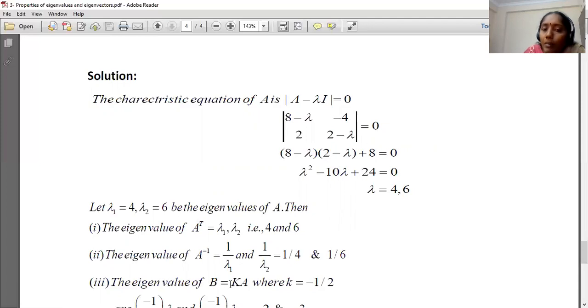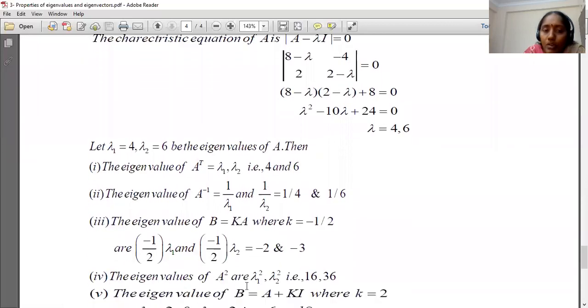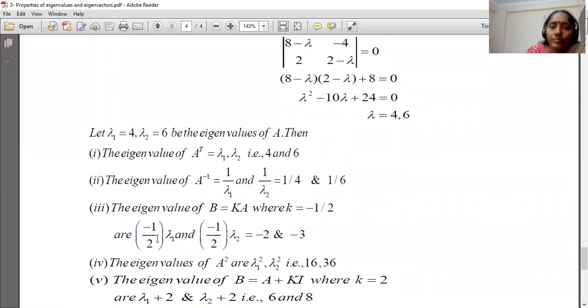Eigenvalues of B equal to minus 1 by 2 A are minus 1 by 2 times lambda 1 and minus 1 by 2 times lambda 2. That means minus 1 by 2 times 4, that is minus 2, and minus 1 by 2 times 6, that is minus 3. So minus 2, minus 3 are the eigenvalues of the matrix B, which is defined as minus 1 by 2 times A.